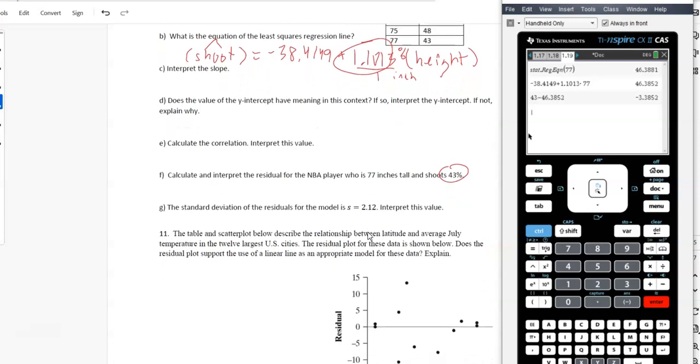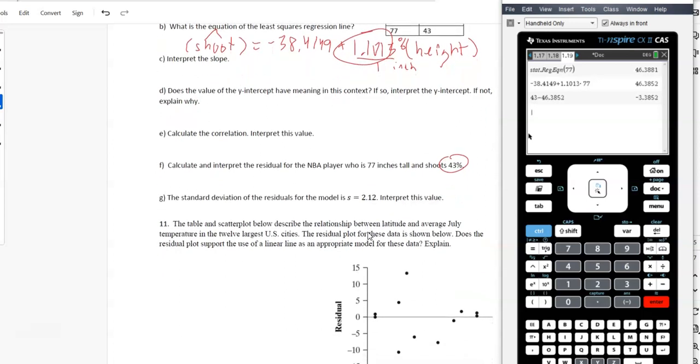The standard deviation of the residuals for the model is 2.12. Interpret this value. To interpret the standard deviation of the residuals, this is the typical deviation or difference from the regression line for all the residuals. That's basically it.